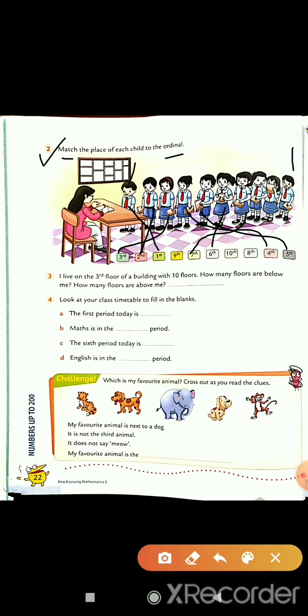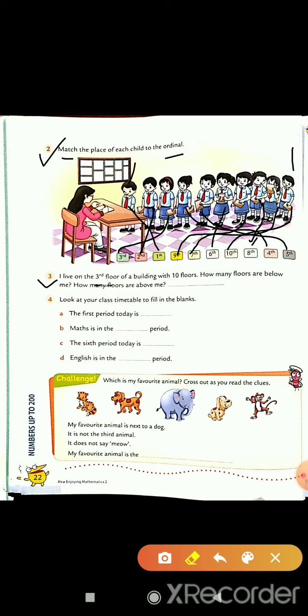Then 8th, so box number 8. Then 9th, so box number 9. And the last one, box number 10. So here you just have to match the place of each child to its ordinal. Clear, students?